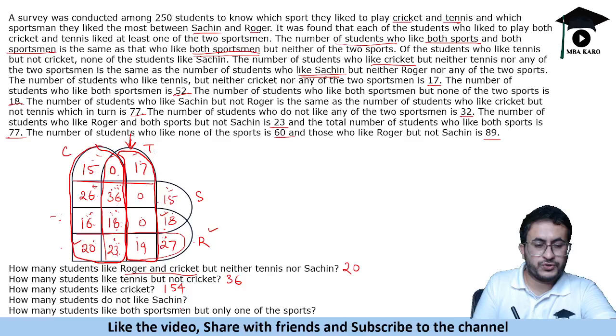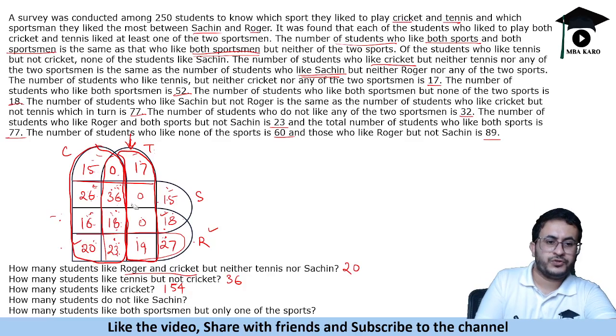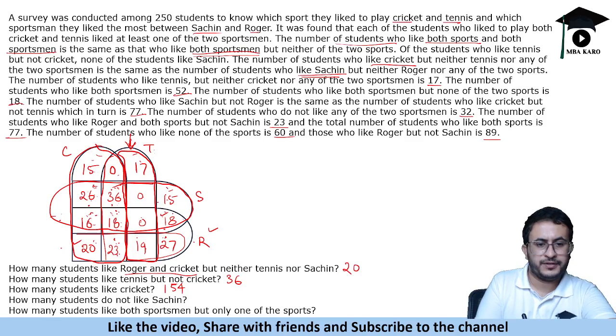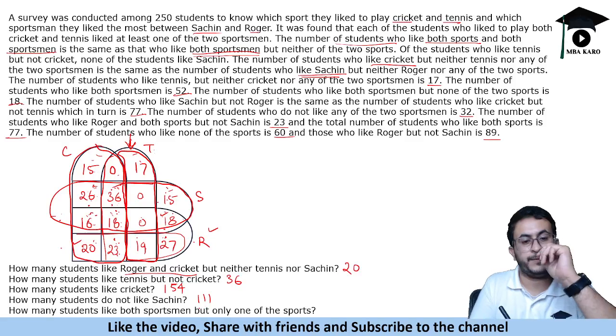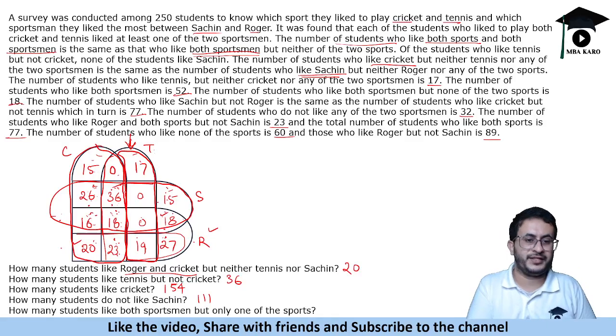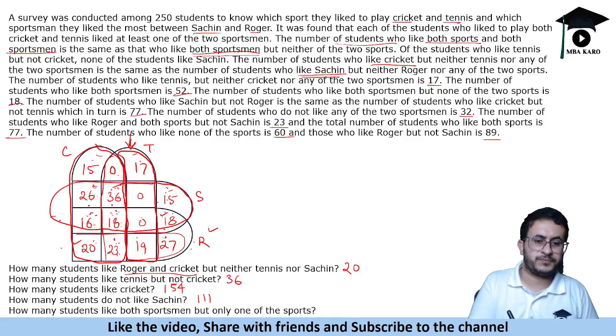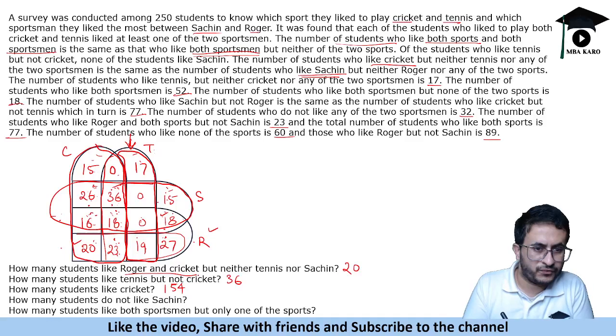How many students do not like Sachin? Okay, so first find how many people like Sachin and subtract it from 250. So this is 62, 80, 80 plus 34, 114, 139. So 111 people do not like Sachin. Or you can add these also. This was like 111, 121.